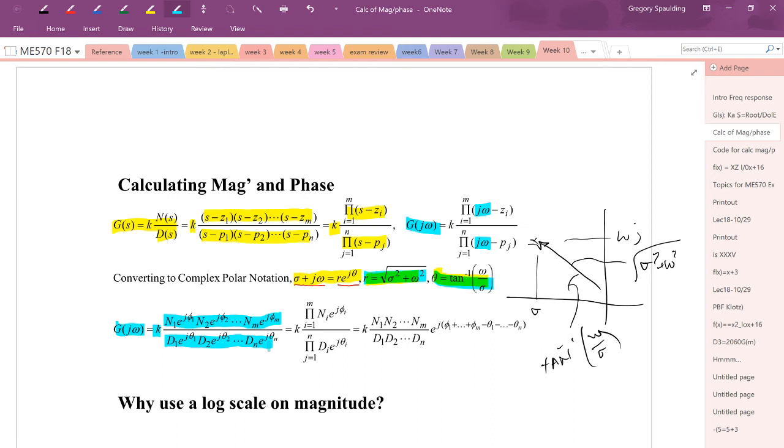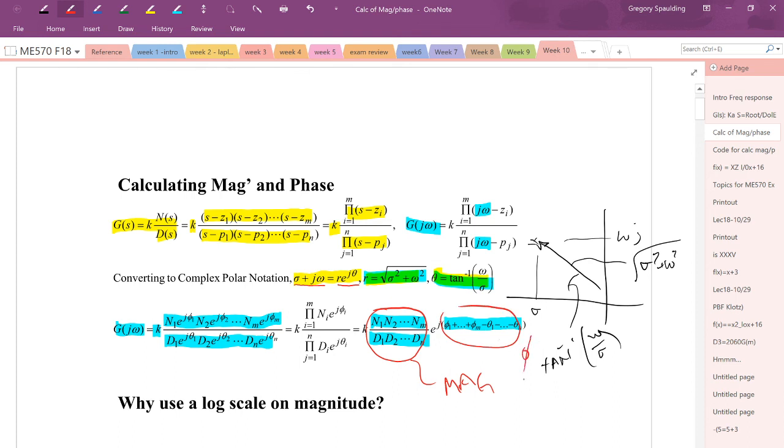Now, we can then split these apart, pulling off the constants, and gathering the e's. And when we multiply the e's together, what we can do is just sum the exponents, and the constants collect here as products. All right, so now what we're going to do is use this portion to calculate the magnitude, and we're going to use this portion to calculate the angle.